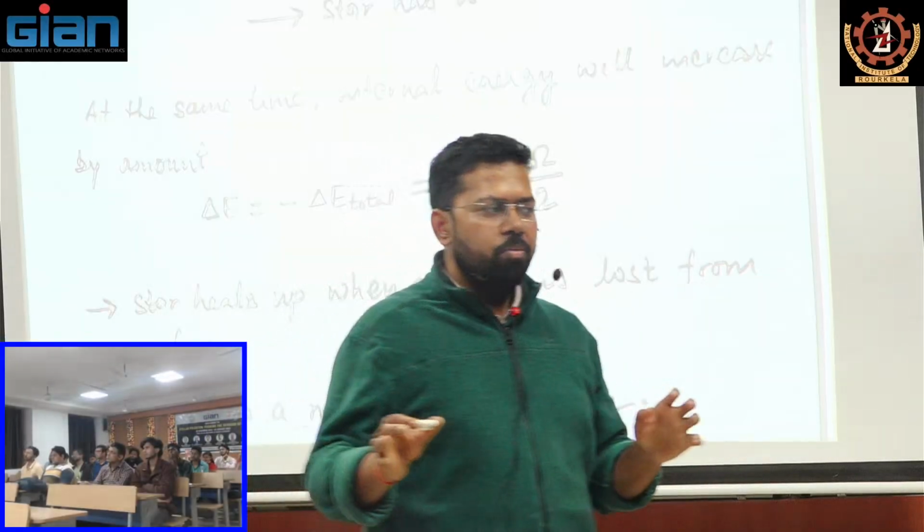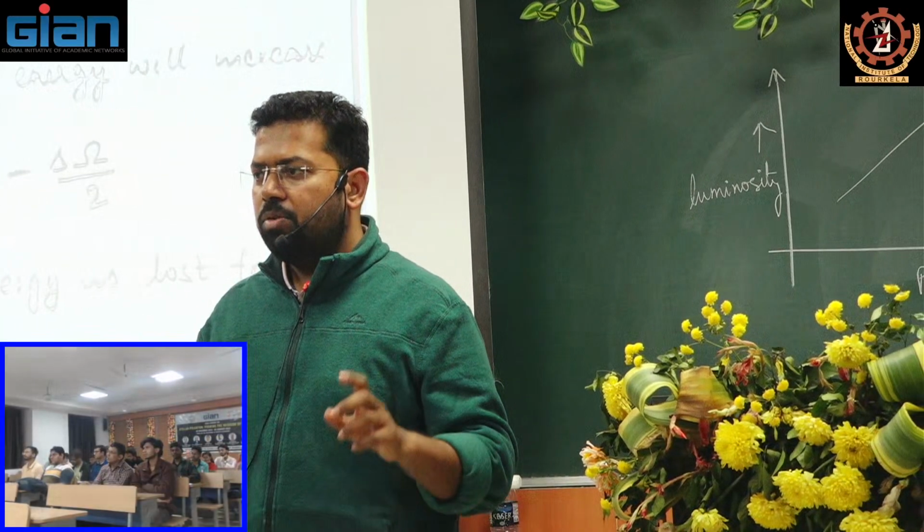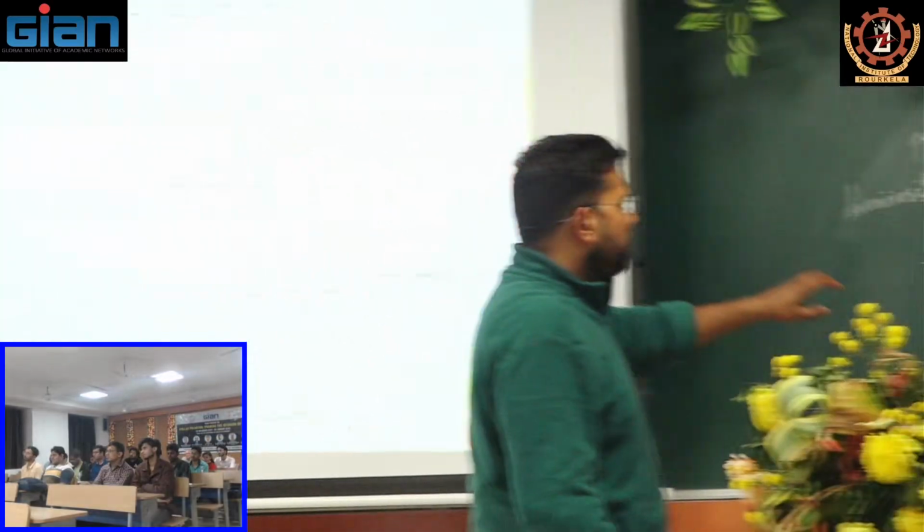So for all those special classes of variable stars where we have a very tight correlation, by knowing the pulsation period, we can find out what will be their luminosity.